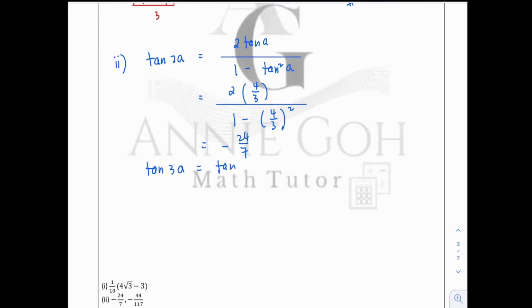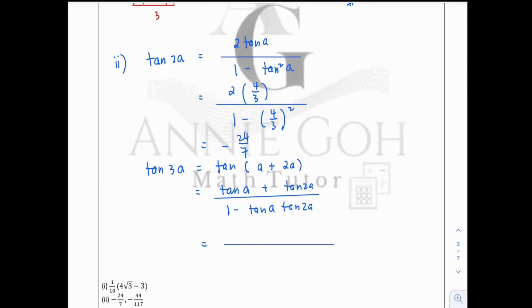So split the tangent 3A into tangent A plus 2A. Then according to the compound angle formula, it's equal to tangent A plus tangent 2A over 1 minus tangent A times tangent 2A. Then we can just fill up all the fractions.